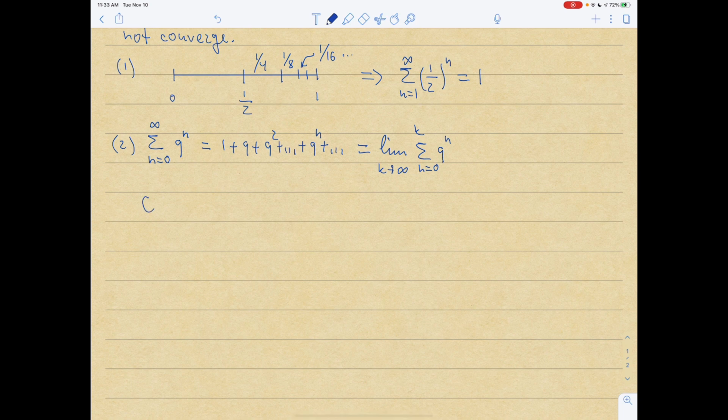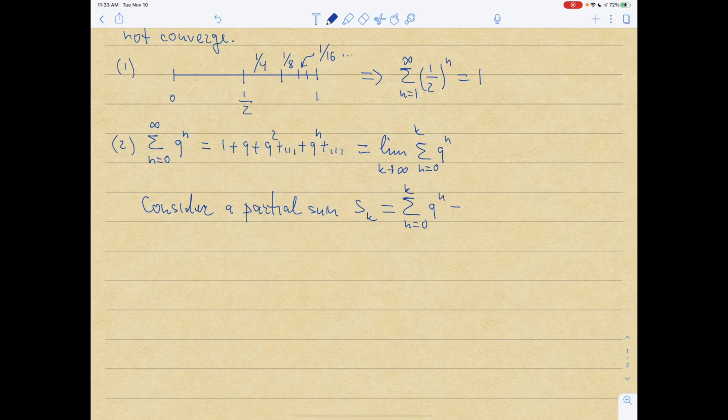So I'm going to consider a partial sum of this series, which I'm going to call capital S_k, and that should be again the sum n from 0 to k, q to the power n.